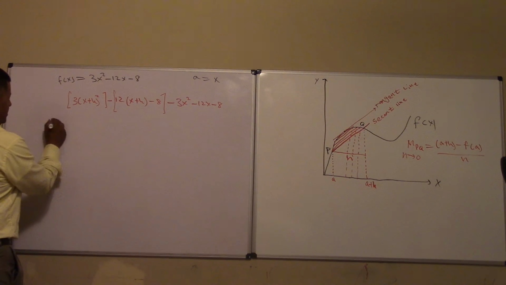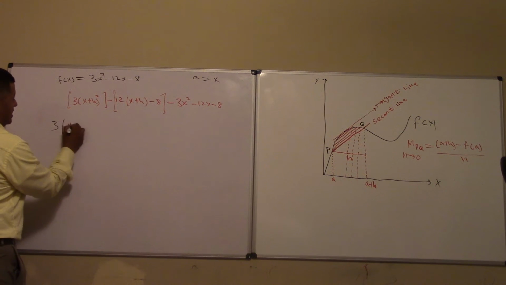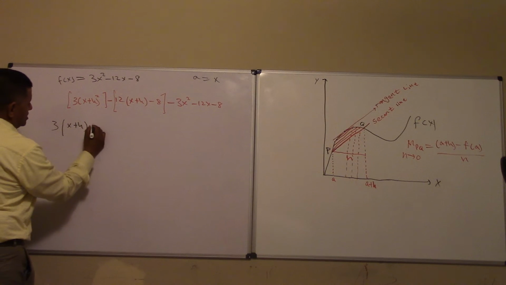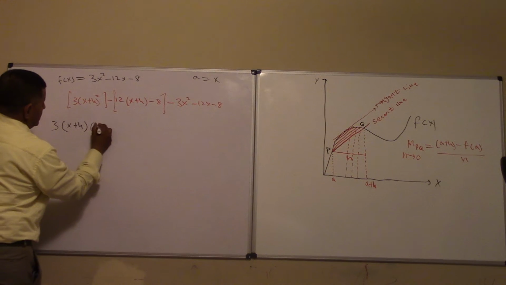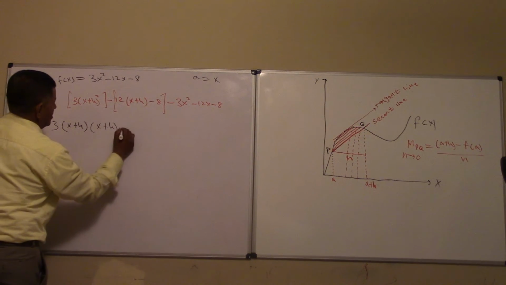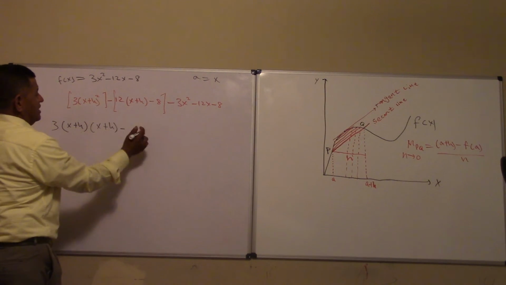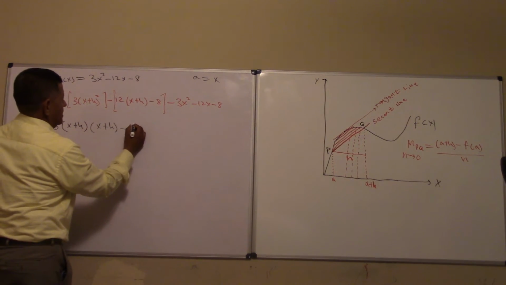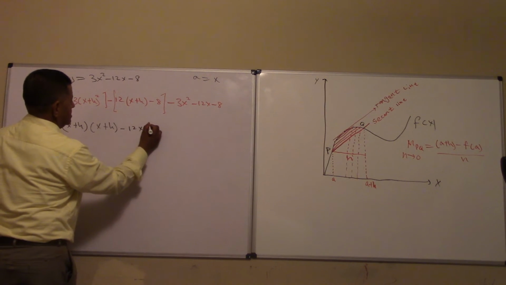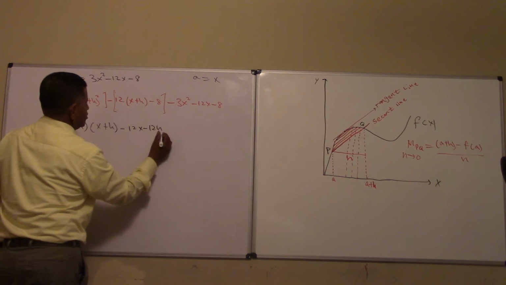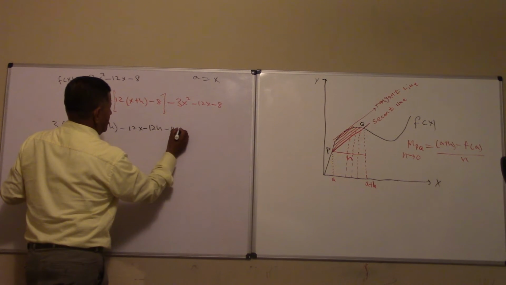So let's do 3, and then x plus h times x plus h, minus, actually I can distribute this part here, and I get 12x minus 12h minus 8.